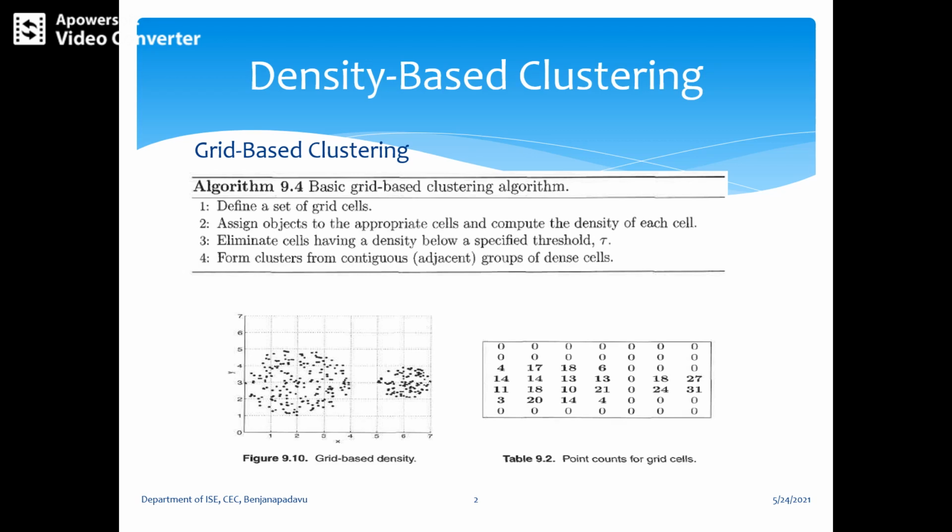For a continuous attribute, one common approach is to split the values into equal width intervals. If this approach is applied to each attribute, then the resulting grid cells all have the same volume, and the density of a cell is conveniently defined as the number of points in the cell.